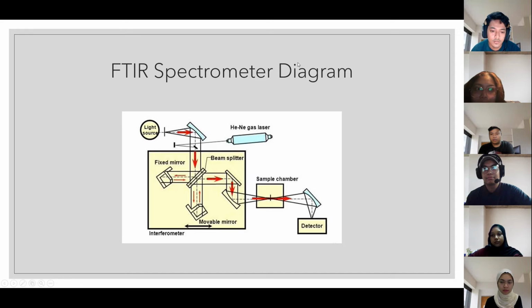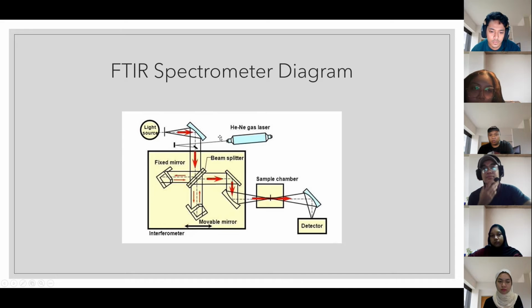Thank you, Erika. I will continue the slide. As you can see here, this is an example of the FTIR spectrometer diagram principle. It consists of two perpendicular mirrors, one of which is a stationary mirror and the other is a movable mirror.